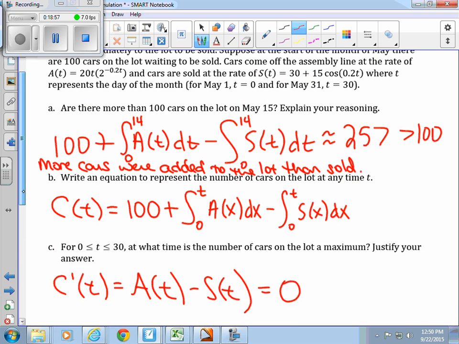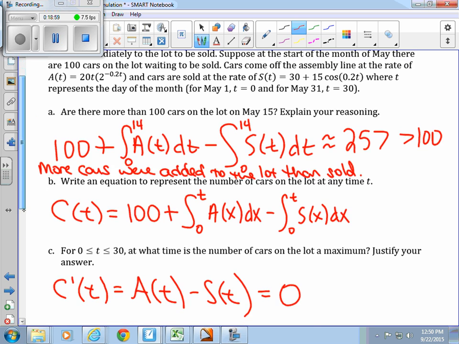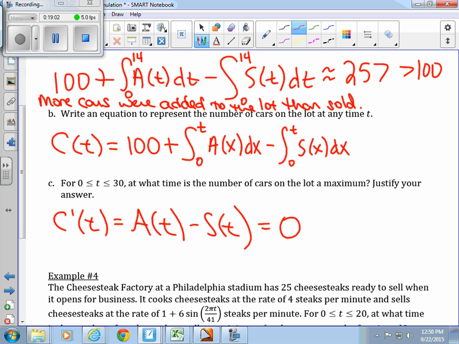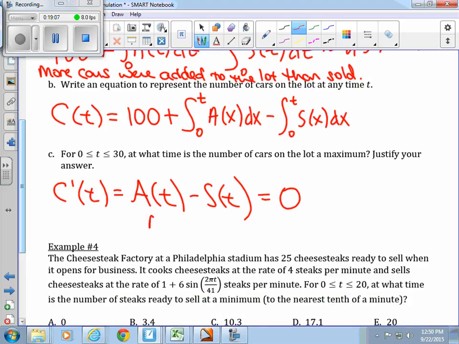0 to 30. So I'm going to find where those intersect between 0 and 30. And you might show the reader that's what you're doing.